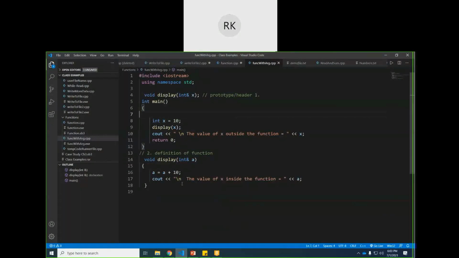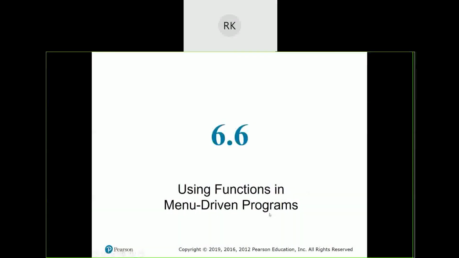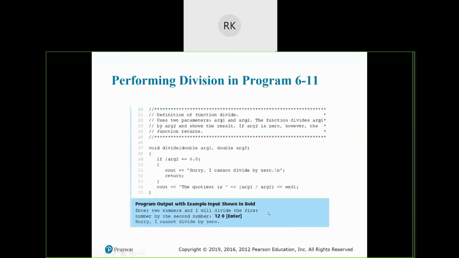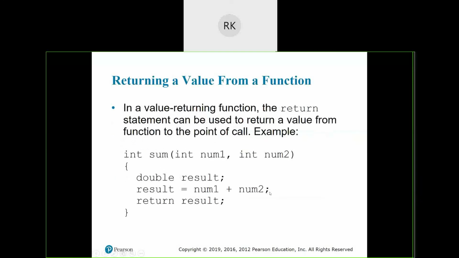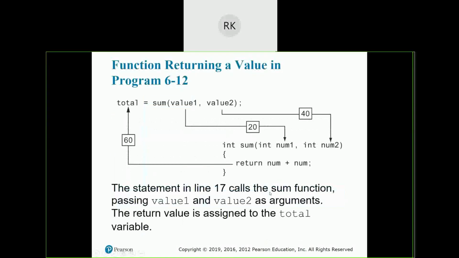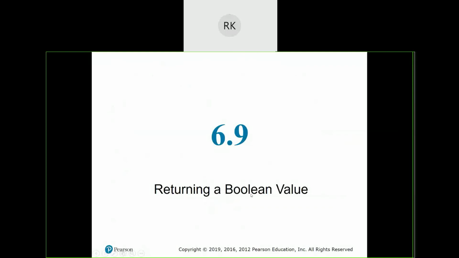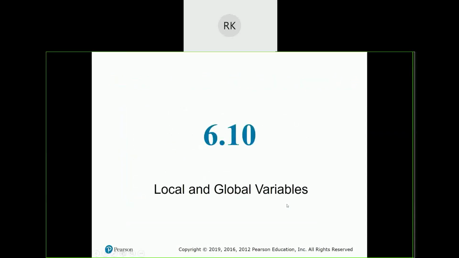You see, the compiler is confused about what its return type will be. It will be integer, float, double. So if we want to tell the compiler that it doesn't have any return type, just to show like none, then we need to type void. And here also void.